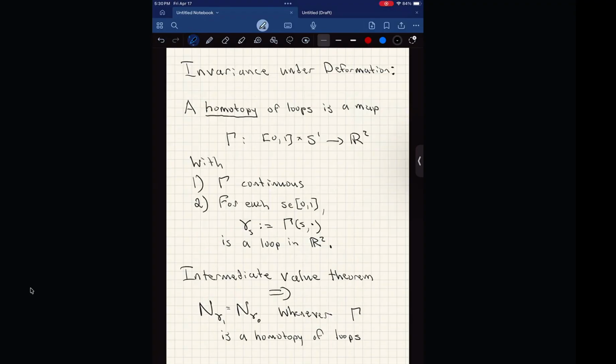Now I want to talk about this point that Max was raising earlier. What do I mean by deformation? What's called a homotopy, in this case a homotopy of the loops I talked about before. I'm using my own notation tailored to this talk, but sometimes a correct phrase here would be regular homotopy.